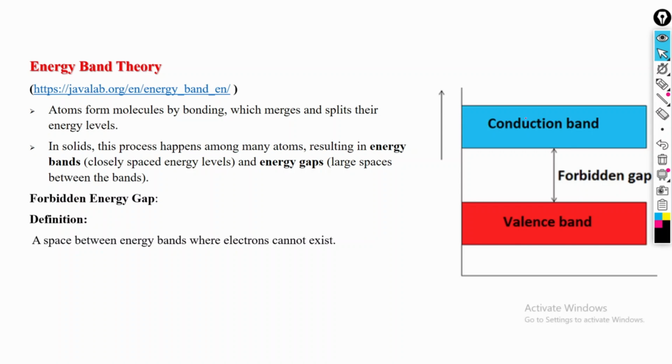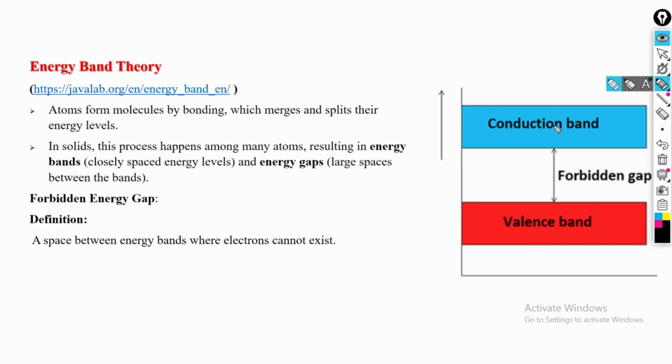There are two types of states. One is the forbidden energy gap, and this is the permissible energy gap or energy state. These states are formed by the splitting of atomic orbitals, which form the molecular orbitals.